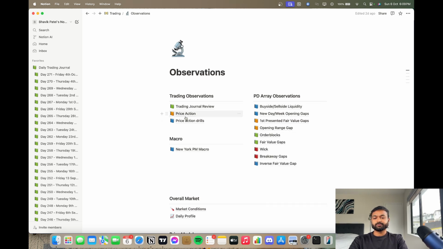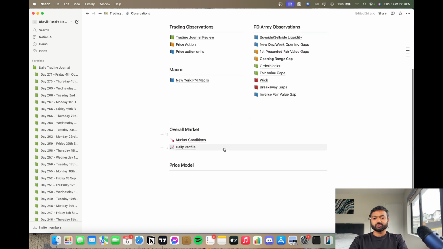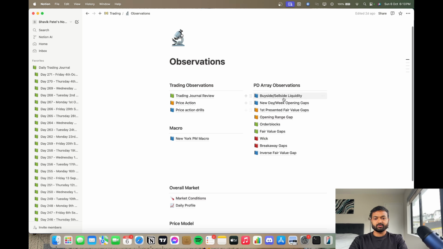If you're keeping up to date with all of this, then when are you actually trading, which is the most important part. But I think this will definitely give me a good way to continue documenting all of my observations.